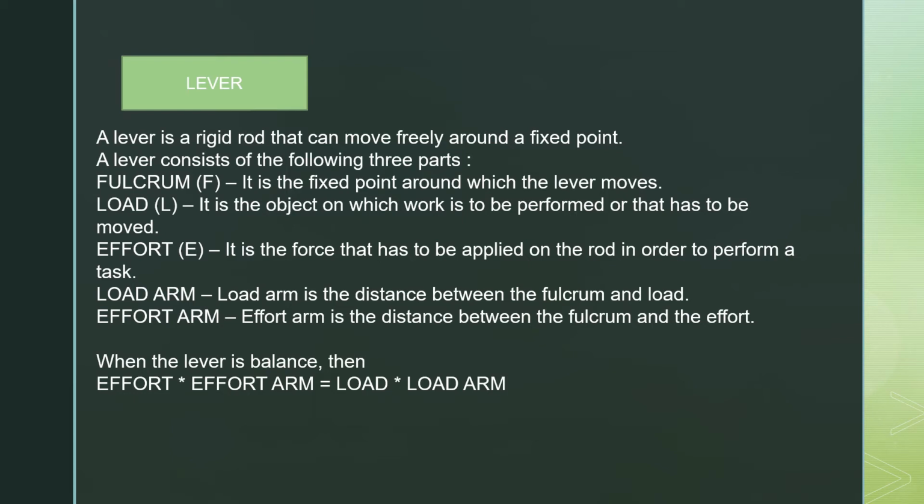A lever consists of the following three parts: fulcrum, load, effort. What is fulcrum? It is the fixed point around which the lever moves. Children, fulcrum is the fixed point around which the lever used to move.